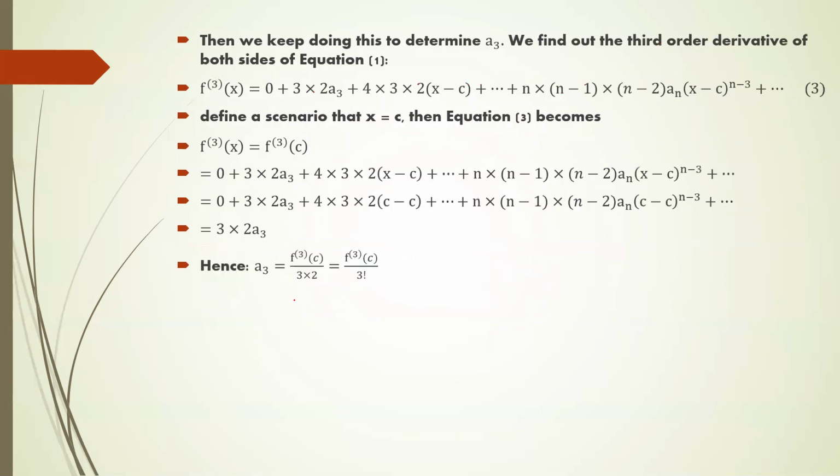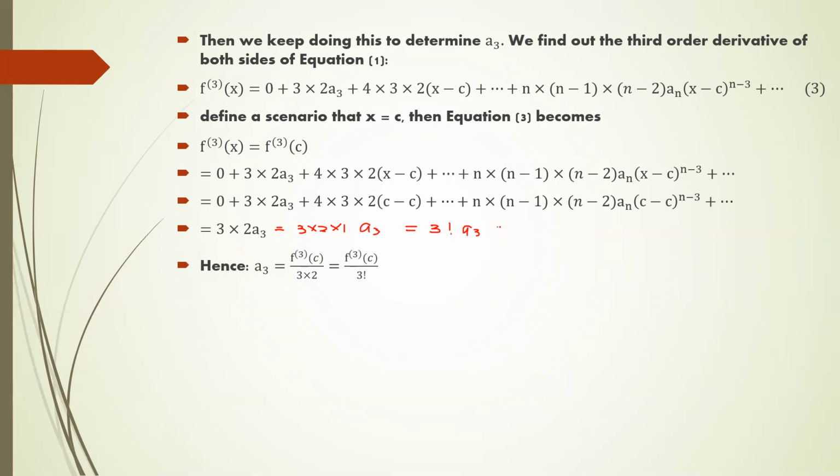We can keep going, solve a3. And then again, we just apply the same scenario, x equals c here, and we find that 3 times 2 times a3 equals f3c. And 3 times 2 times 1 equals factorial of 3.